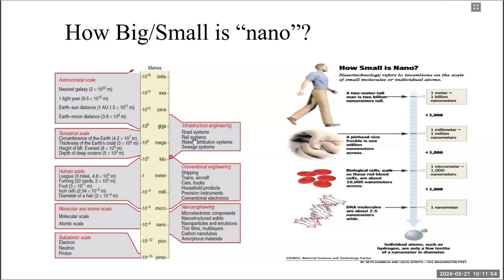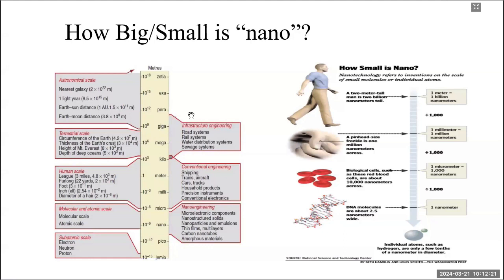You can also think about the road system, rail system, and water distribution. You can imagine how big it is. And if you come a little smaller and think about the human scale, there is your foot, your head, your hair. Those are human scale.